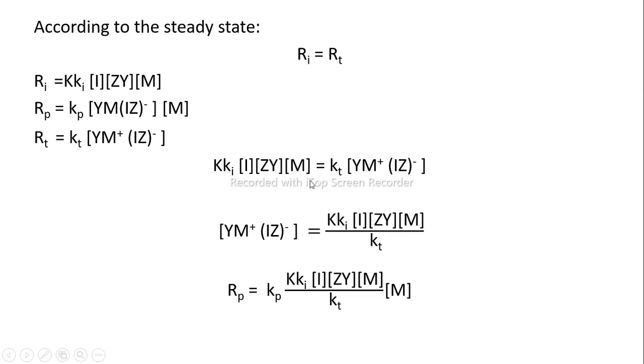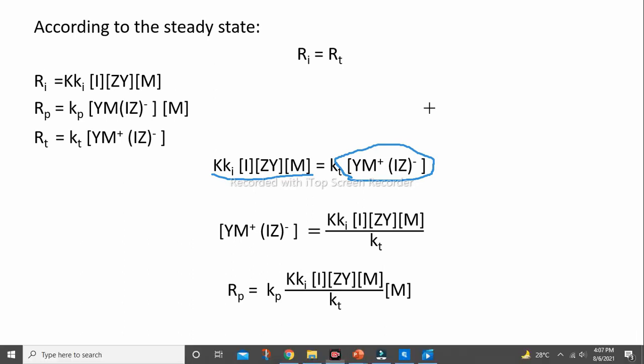Now what we are doing is moving the K towards the left hand side beneath this value by making it a divisor, because we want this value alone so that we can put it in the rate of propagation.